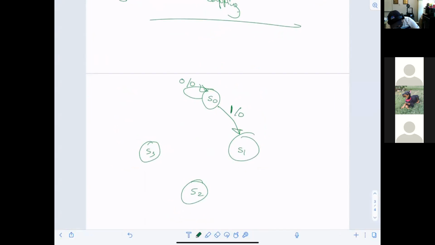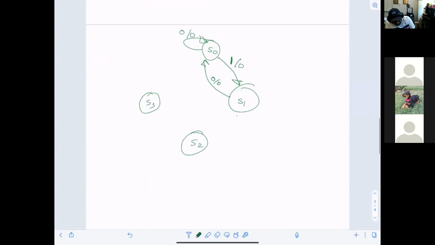Yep. Then if it's 0, I would go back like this, 0, 0. But then if I go and I found the second one, it's going to be also 1 and 0 because I didn't find the third, right? Then here, if it's 0, I will go back like this, 0, 0. If it's 1, it's going to be what? 1, 1. Right? Does it make sense to everybody here?